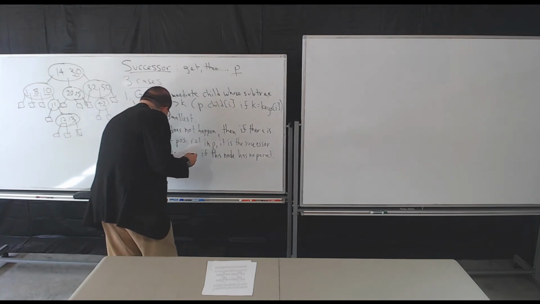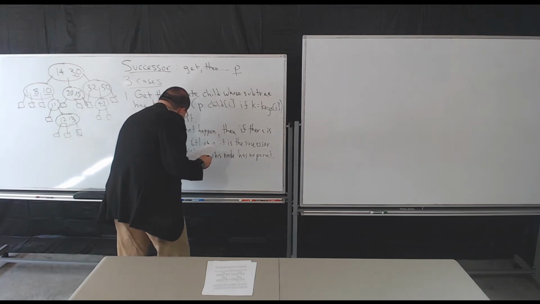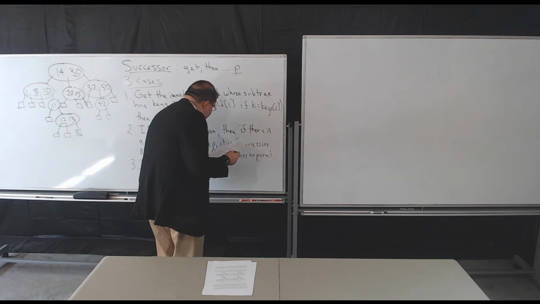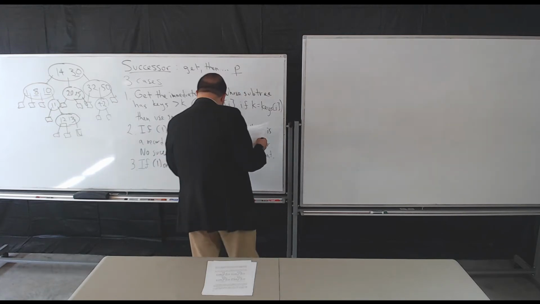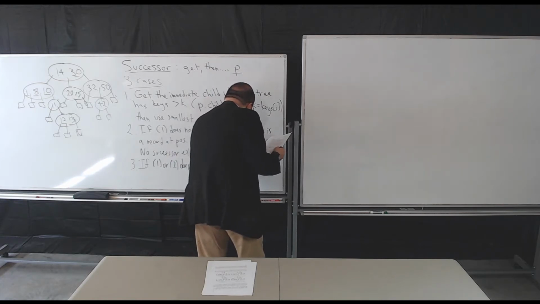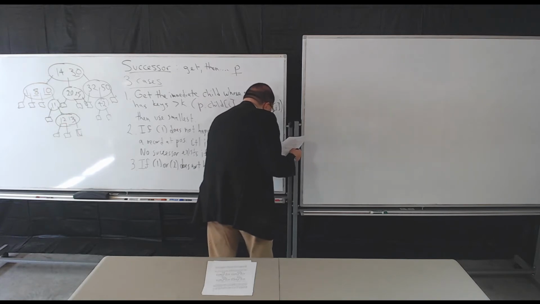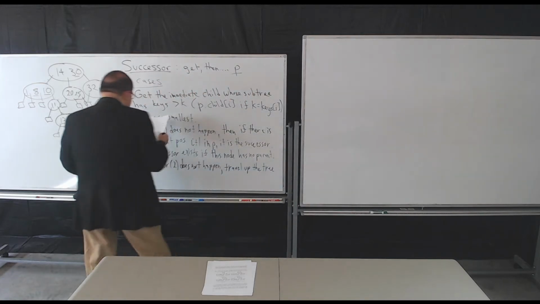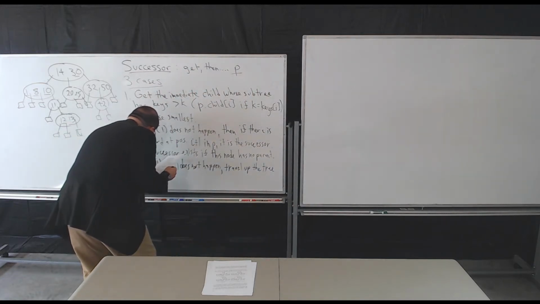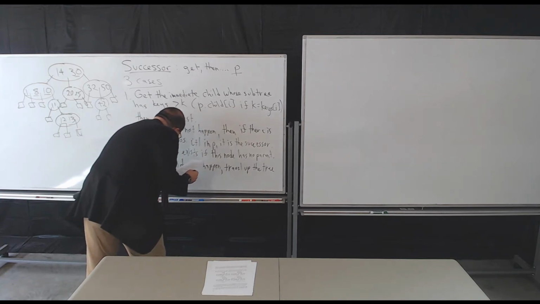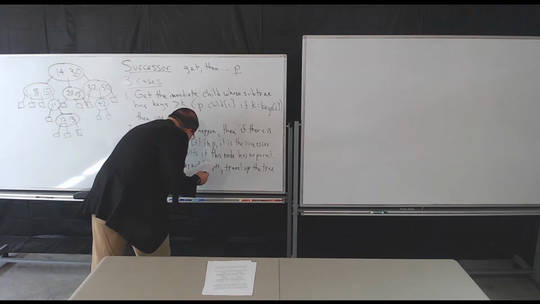If 1 or 2 does not happen, if neither happens, travel up the tree by following ancestors. So you just follow the parent references.